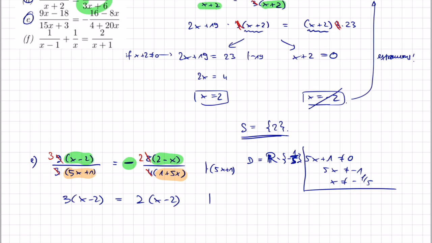And now we can divide out x minus 2 if x minus 2 is not 0. This gives us 3 equals 2. If x minus 2 is 0, well, we get the solution x equals 2. 3 equals 2 obviously has no solutions.